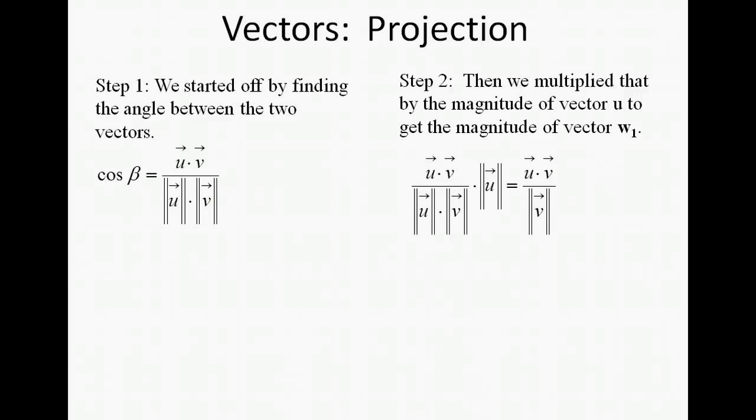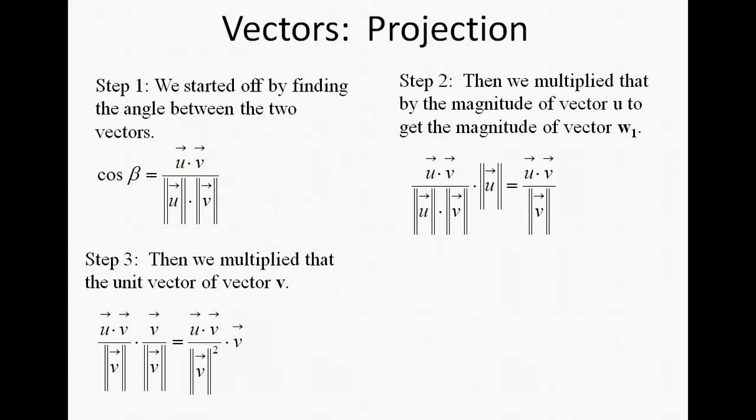And all I've done here is simplify that because the magnitudes of vector u are going to cancel out. Then what we did after that was we multiplied it by the unit vector of vector v. So when we did that, we ended up with the magnitude of vector v squared in our denominator, the dot product in our numerator, and multiplying by vector v.